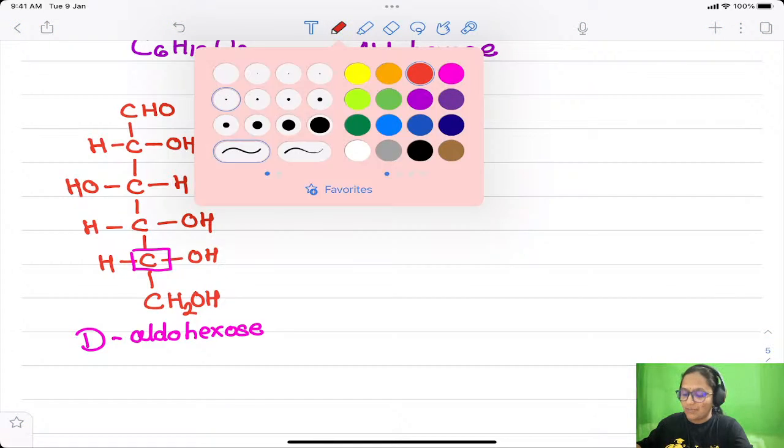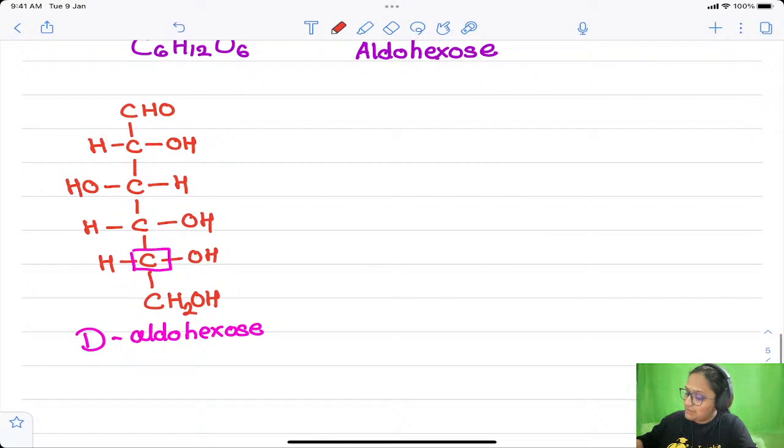Or we can represent it like this also. Instead of drawing all the carbon atoms, you can simply draw it like this.